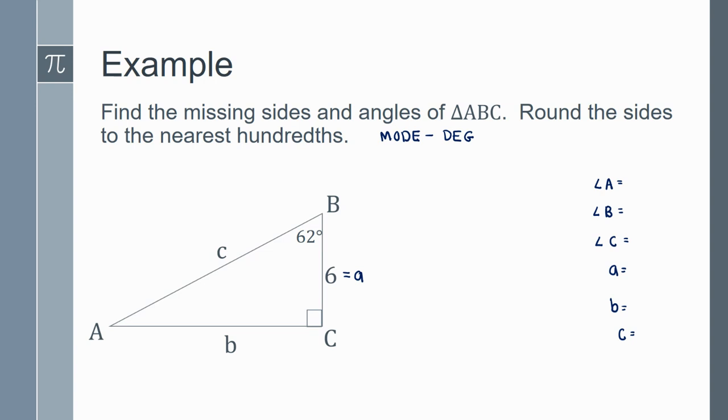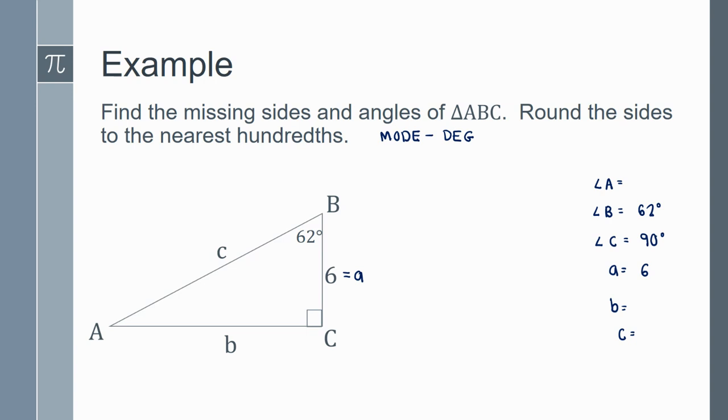So we can already fill in, we should always be able to fill in 3 things automatically. In this picture, I know that angle C is the 90-degree angle. We're told that angle B is 62 degrees, and we know that side A is 6. So you should always have 3 things. We're trying to find the 3 missing pieces.